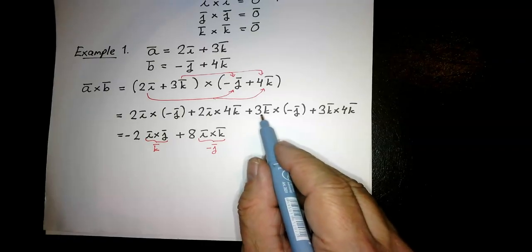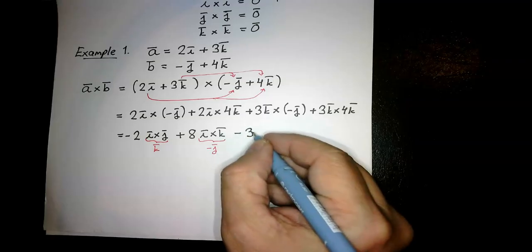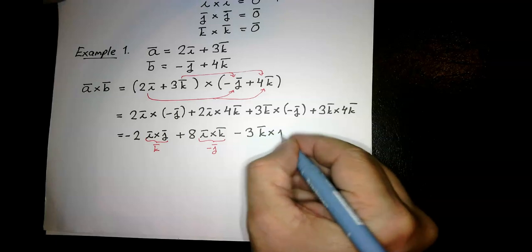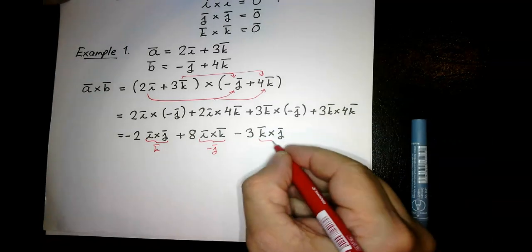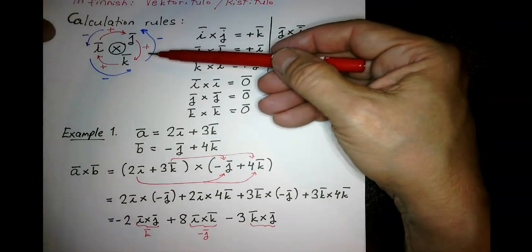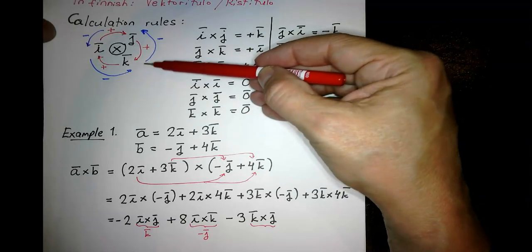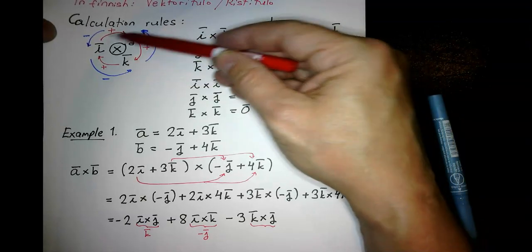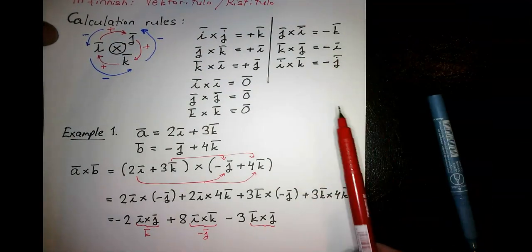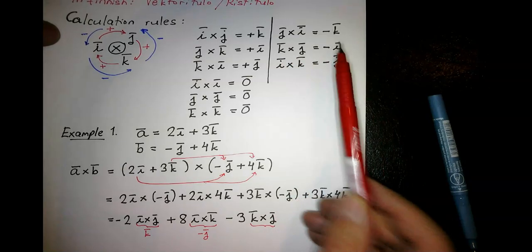Here again, there is 3 times minus 1, that makes minus 3, and k cross j, which will be, from this figure, we are going from k to j, we are going to negative direction, and we will get i with the minus sign. Or from this table here, k cross j equals minus i.